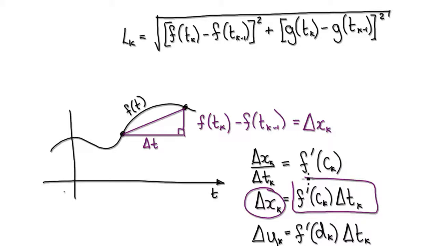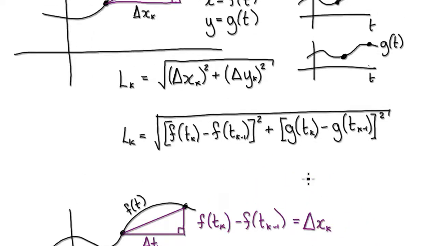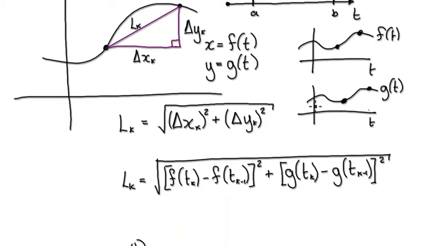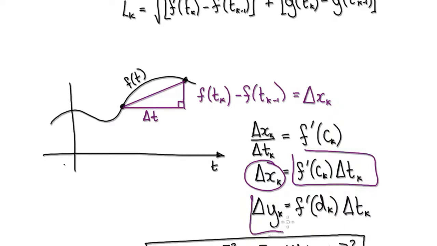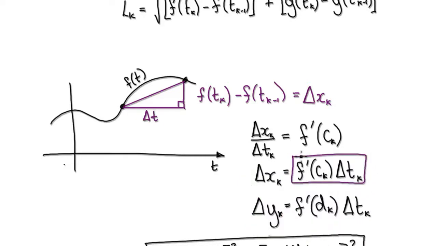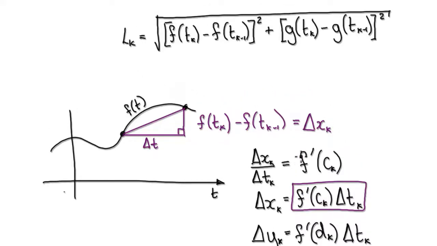Now we can use the same argument for this graph. So for this graph, delta y is given by this. Okay, so let me think. Now we can put this.